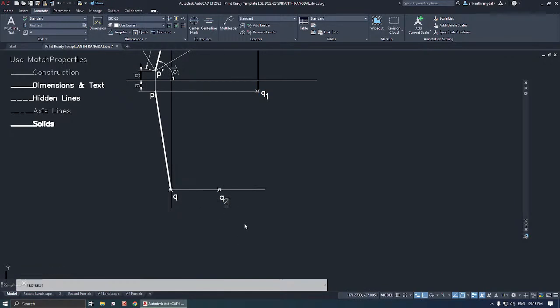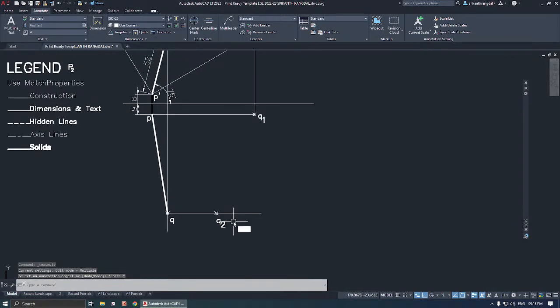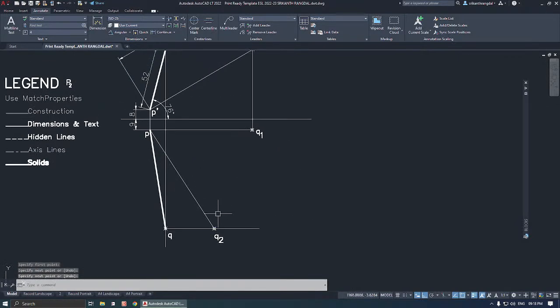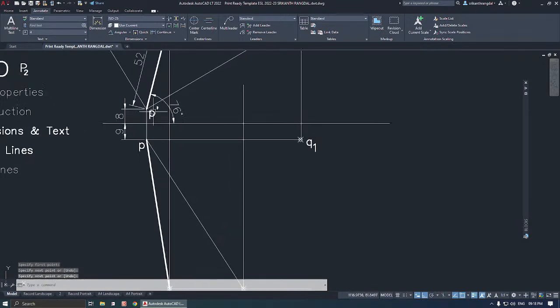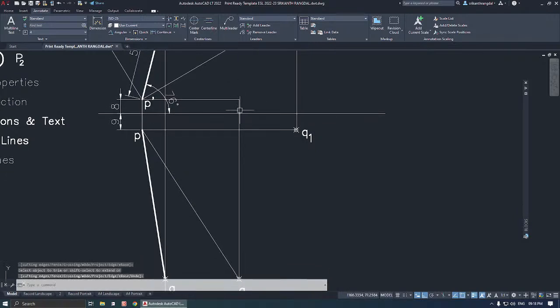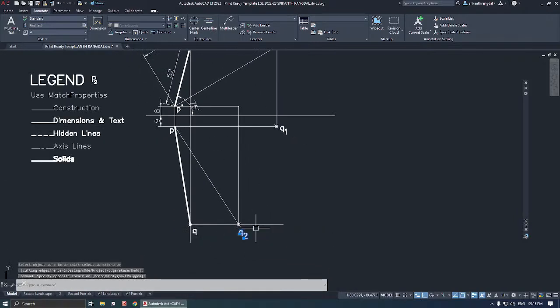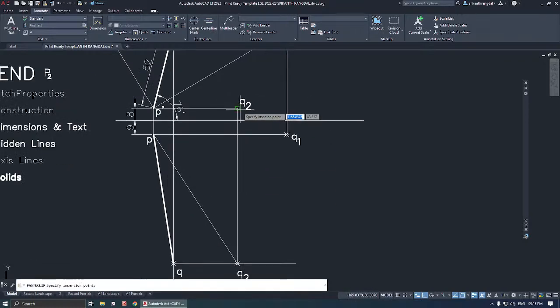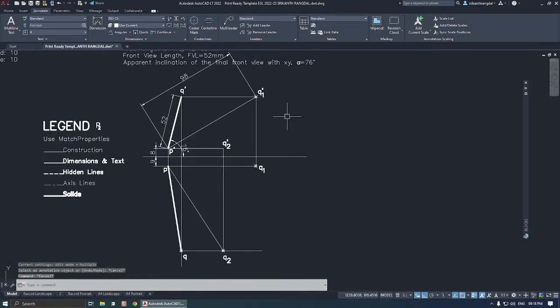This is the top view of the second temporary point. So this will be inclined at the true inclination. Okay. So this point is the front view of Q2. So this will be Q2 dash. So this is the solution.